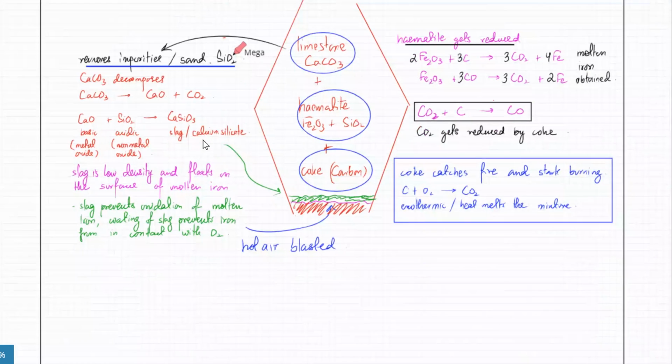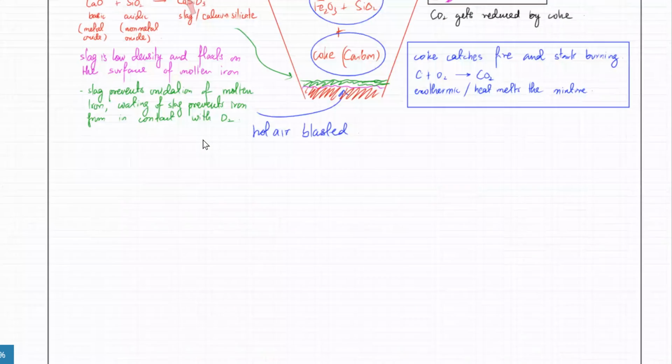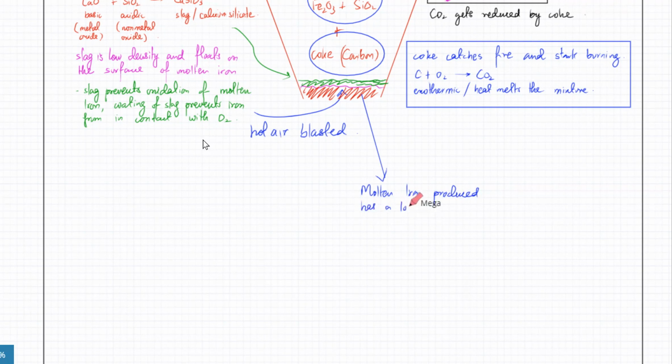Yes, sir. Okay, next, the iron that is produced is not pure iron. The molten iron that's produced, this one over here, has a lot of carbon, because not all the coke must have reacted.